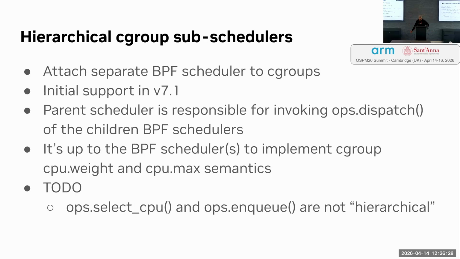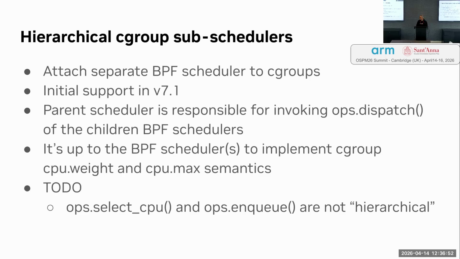Yes, so the other thing, if things can get more spicy, because now we have cgroup sub-schedulers. This is a slightly different topic, not related to the deadline server, but just so you know, we have some groundwork for this already in v7.1.